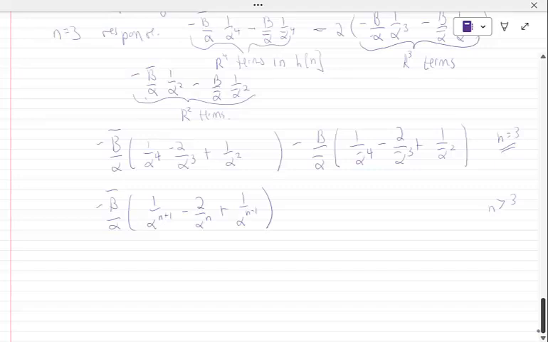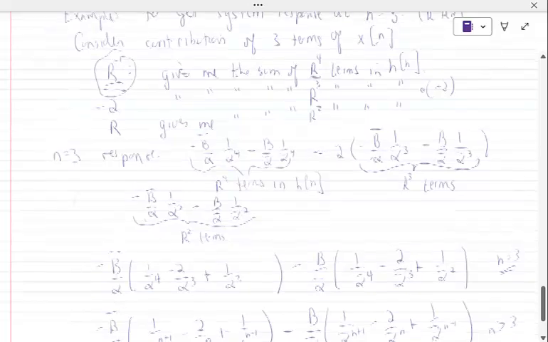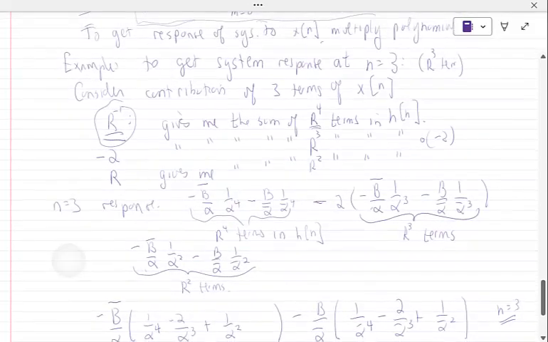Okay? And this is going to be minus beta over alpha bar, and then I have 1 over alpha bar to the n plus 1 minus 2 over alpha bar to the n plus 1 over alpha bar to the n minus 1. Right. Now when n gets small, it gets more complicated because these other terms come in.